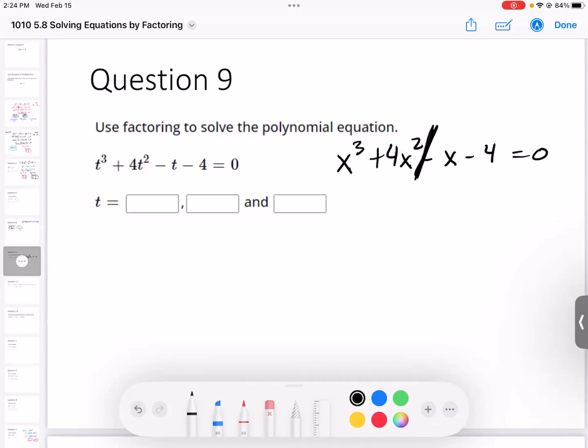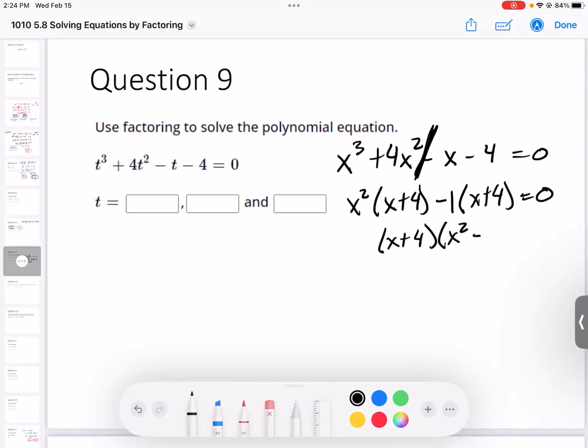So the first group has an x squared in common, which leaves me with x plus 4. The second group, it looks like, has a negative in common, which I can write as -1, which also gives me x plus 4. So it looks like factoring by grouping is going to work. I can factor out the common x plus 4s, and I'm left with x squared minus 1 equals 0. And is that fully factored?